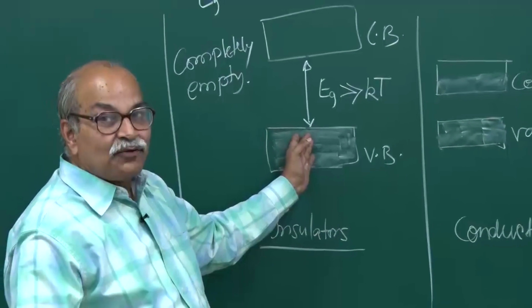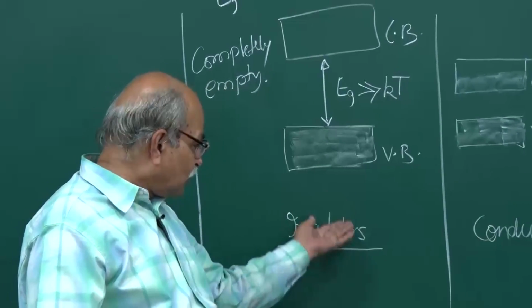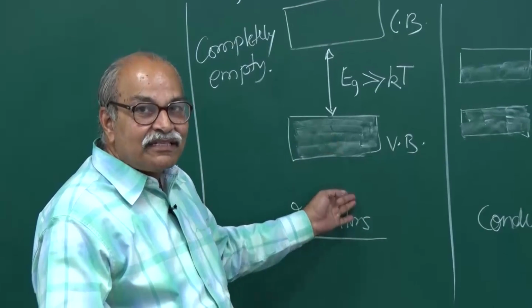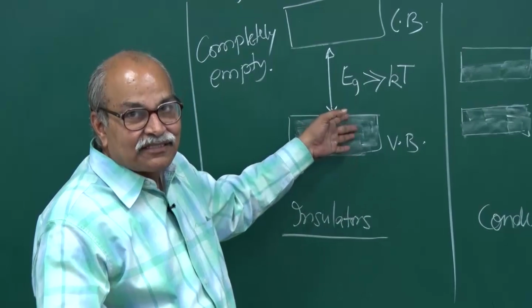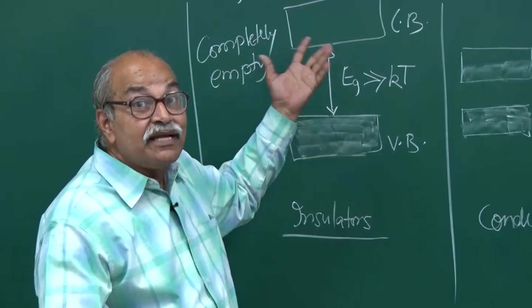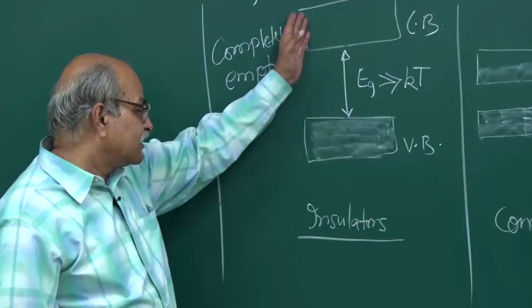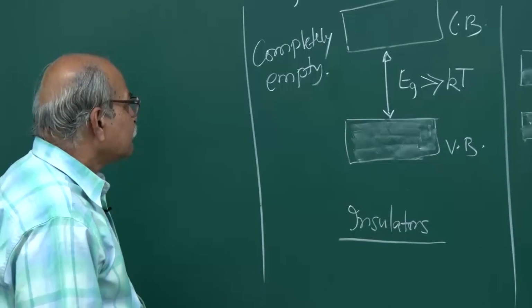These are the only electrons, and other electrons are all in the lower bands. None of these electrons is ready to accept that energy, and therefore this is a good insulator, very good insulator, right. So, this is the class where you have insulators.